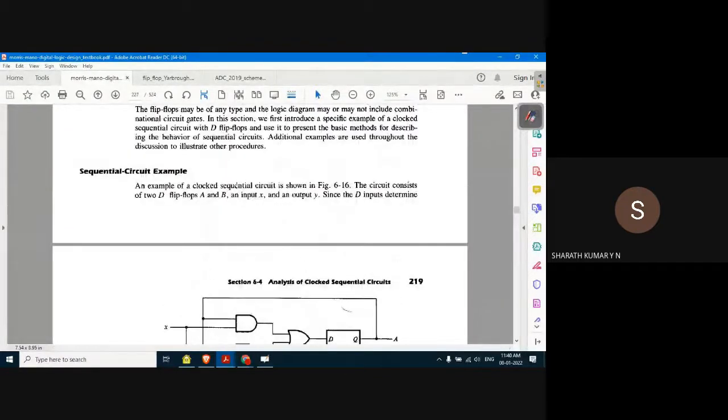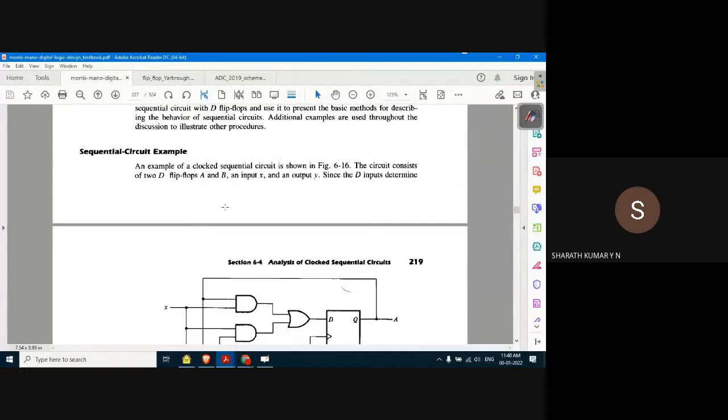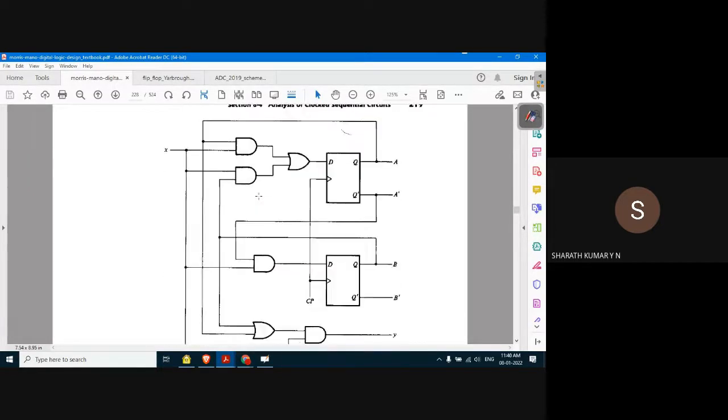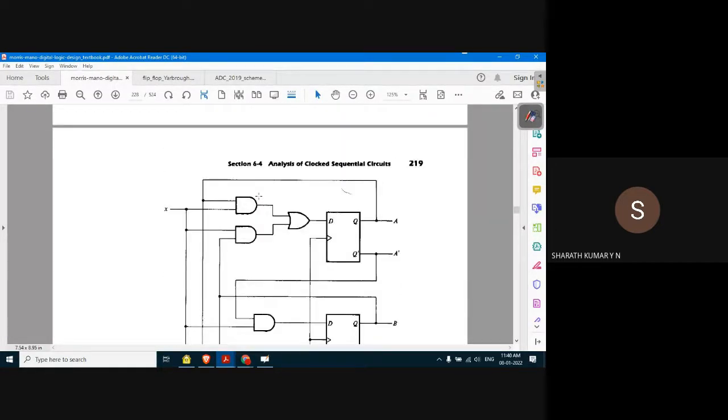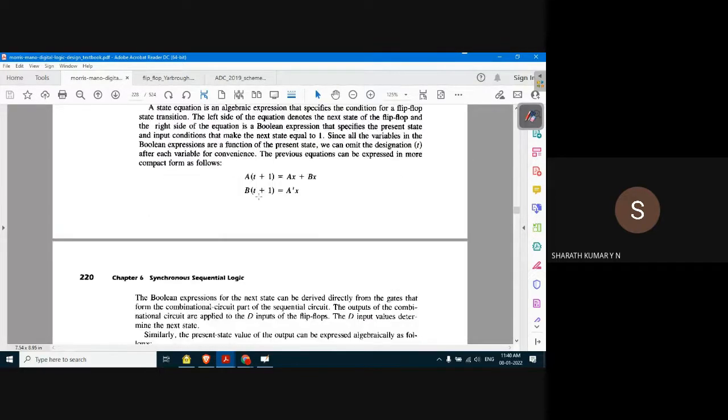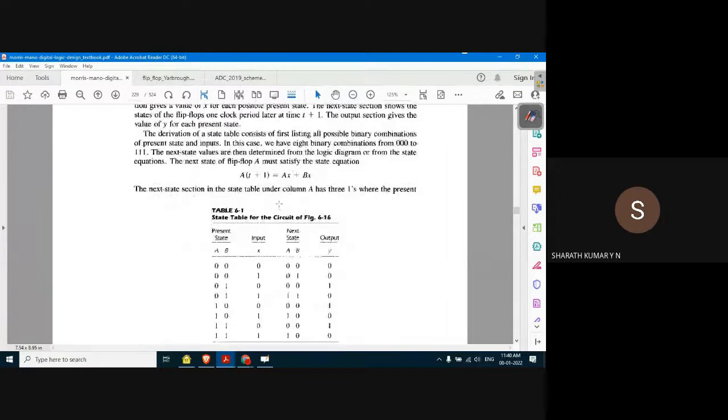Before we continue with the parallel register, we'll take one simple example of a sequential circuit, with x and y and a state table.